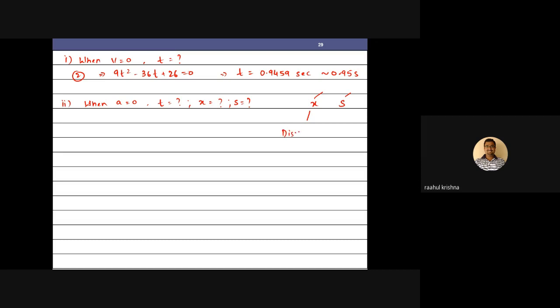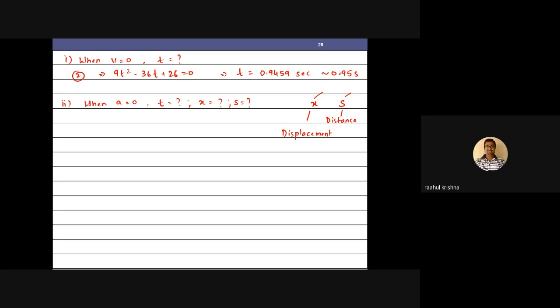S is distance. S is scalar, X is vector. Okay.